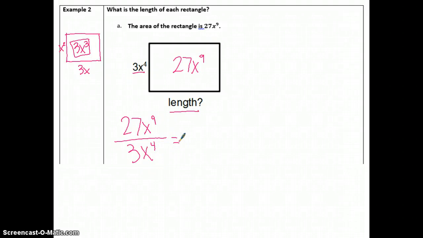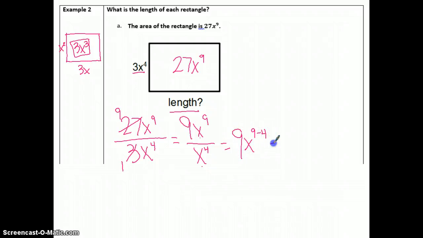3 goes into 3 one time. 3 goes into 27 9 times. x to the 9th over x to the 4th. My base here is the same, so I can subtract and get 9x to the 9 minus 4, which is 9x to the 5th.